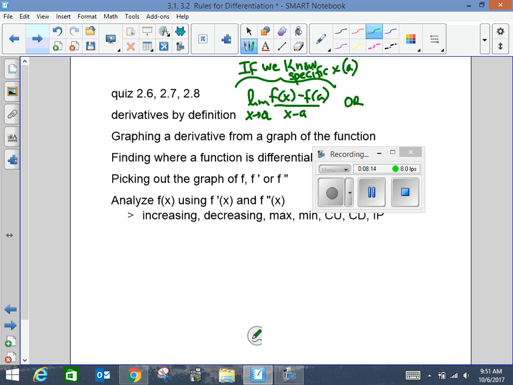If we don't, and we're looking for a function, that would be the limit as h approaches 0 of what? What's the derivative definition that we're looking for now? We don't know the specific x. The f of x plus h minus f of x over h.